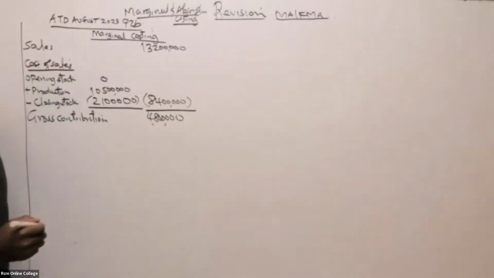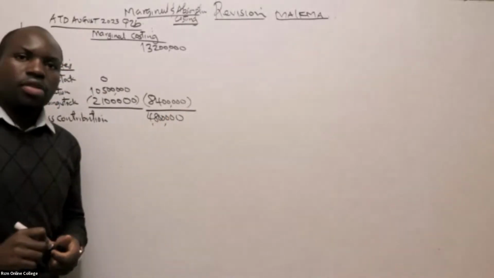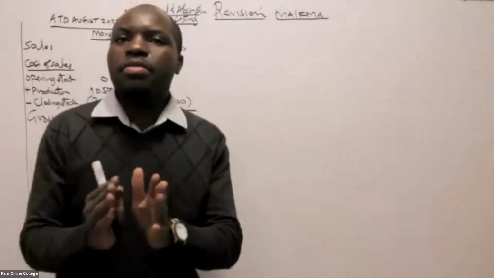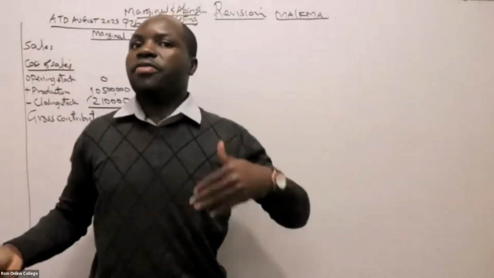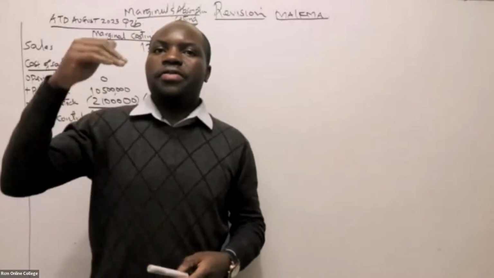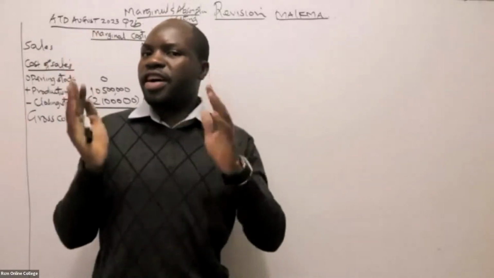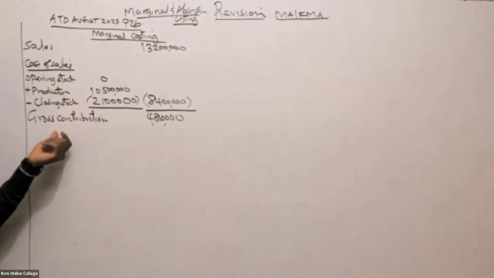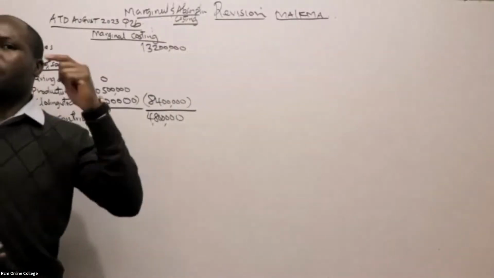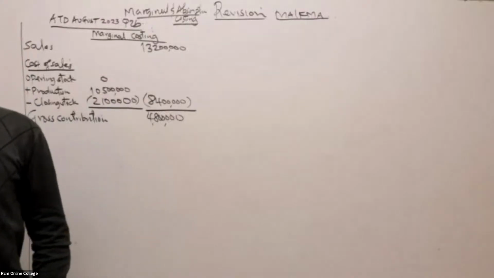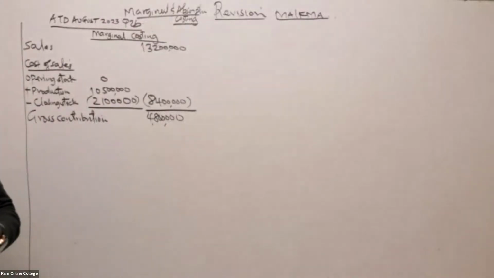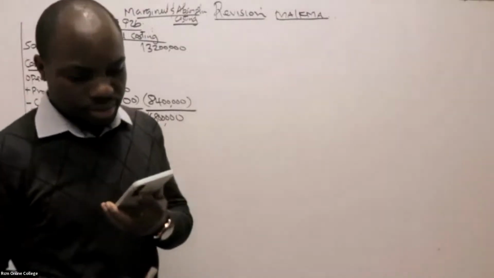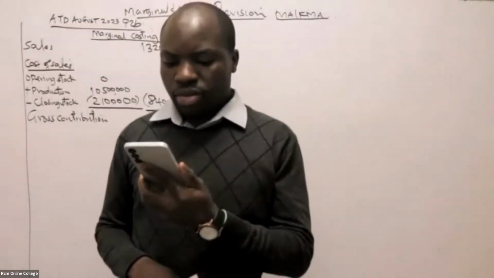4,800,000. We are calling it gross because in our question we will have variable non-production expenses, such as variable sales and distribution and variable admin expenses. Those variable non-production costs have to be deducted from the gross contribution to give us what we call net contribution. So do we have anything in the name of variable non-production expenses? Yes.